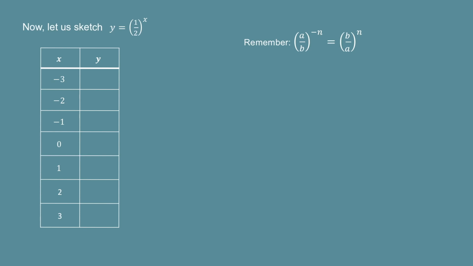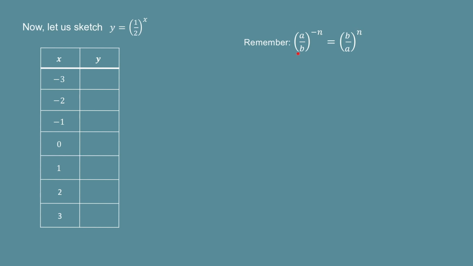But before we go to that, I want you to remember these special properties of powers, especially powers dealing with fractions. So please remember that a over b to the negative n is equal to the reciprocal of a over b, in this case b over a, to the positive n.